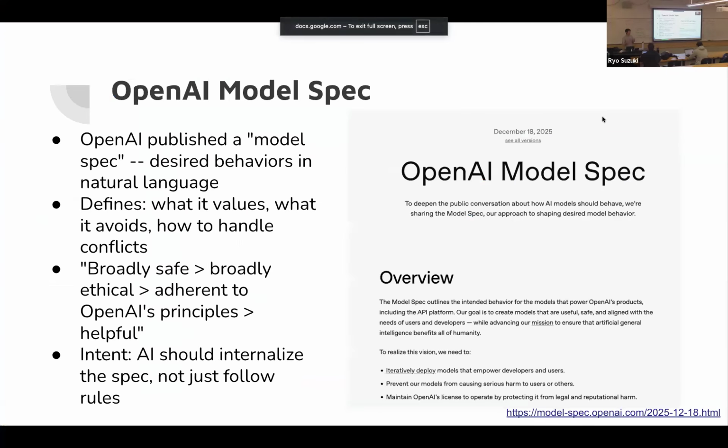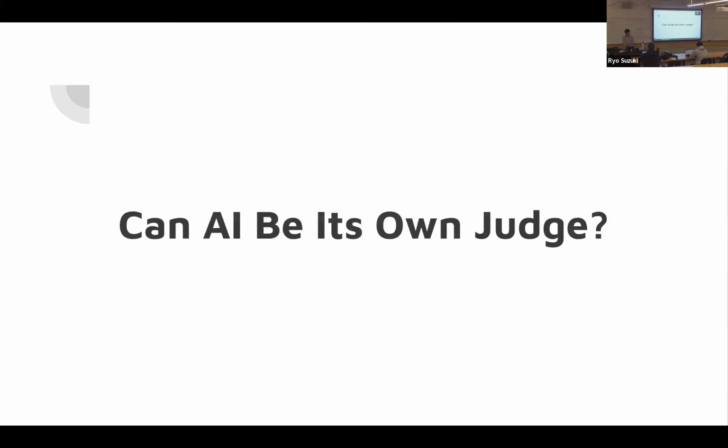Every time they release a new model, they try to make sure the new model is aligned to this model spec, which prioritizes being broadly safe, over broadly ethical, over other OpenAI principles, over helpful. So safety is the highest standard too.